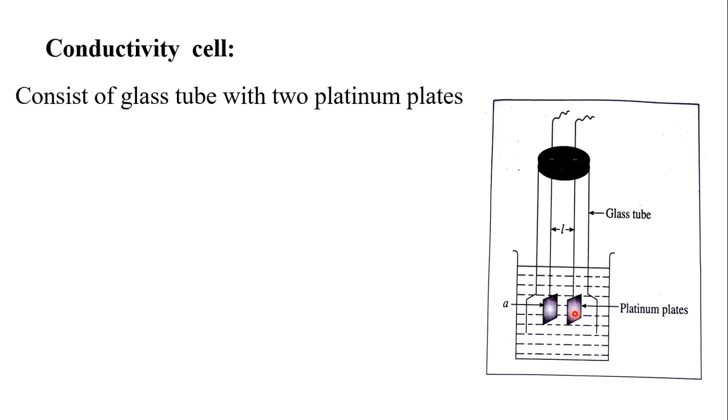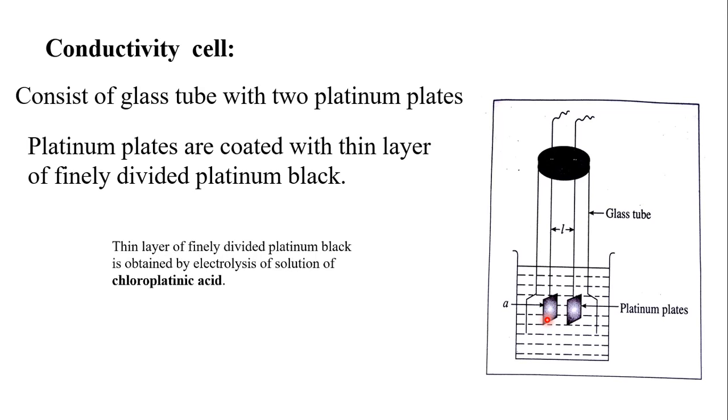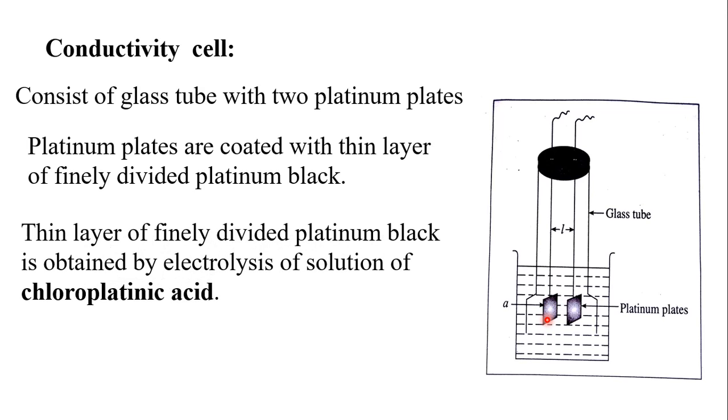These two platinum plates are separated by a distance L. And these two platinum plates are coated with a thin layer of finely divided platinum black. This layer of platinum black is obtained by electrolysis of chloroplatinic acid.